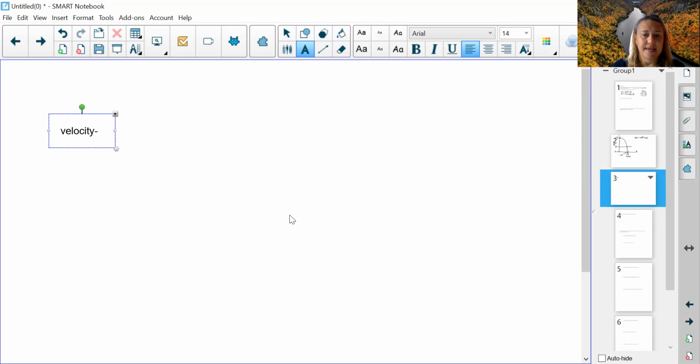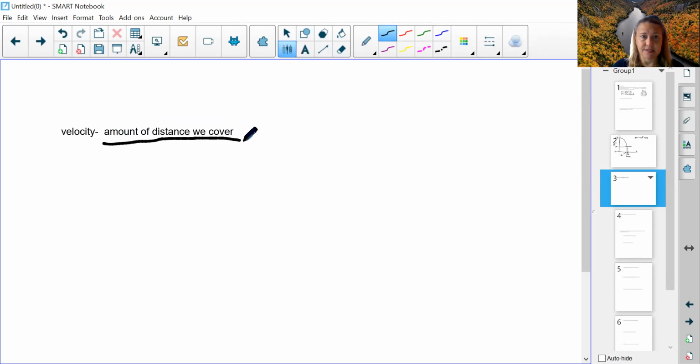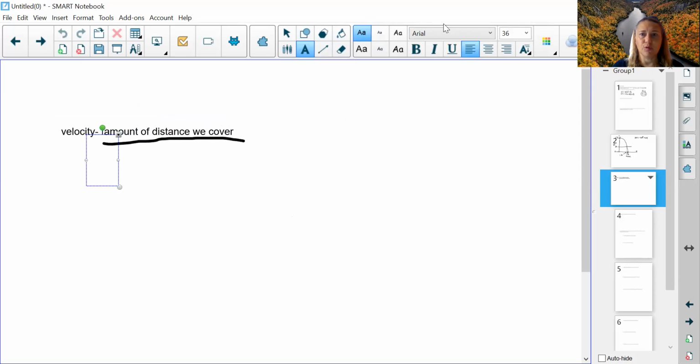It's the amount of distance we cover per the time it took us to cover that distance. So the amount of distance we cover compared to the time it took us to go that distance. And that's how we find velocity.